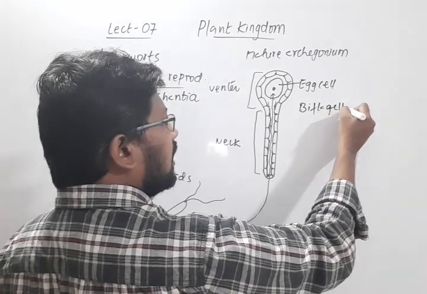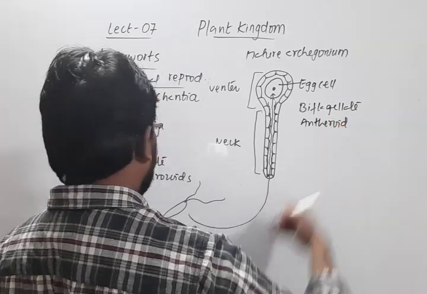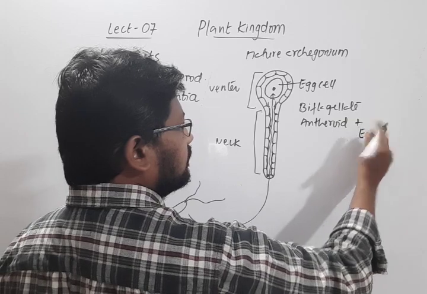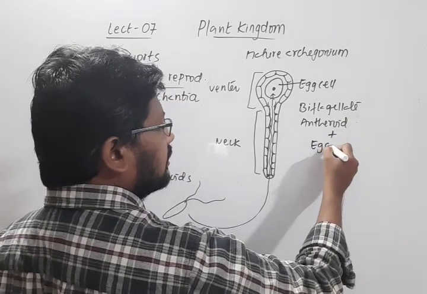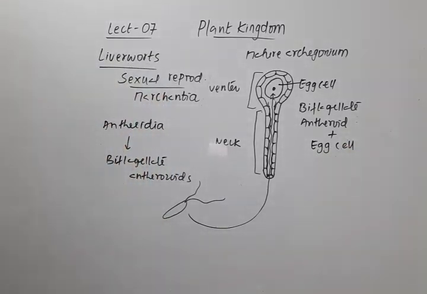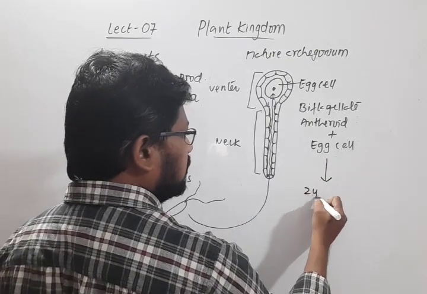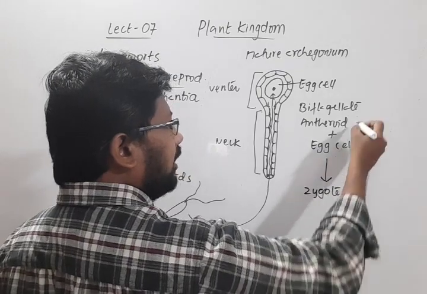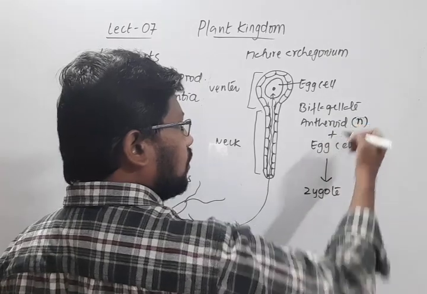So that is the biflagellate antherozoid plus the egg. This is fertilization, and we know fertilization results in the formation of a zygote. The egg is haploid and the antherozoid is also haploid.